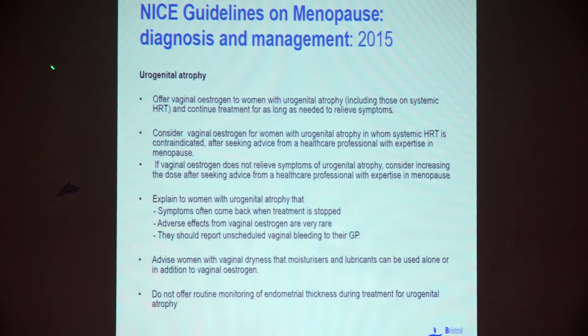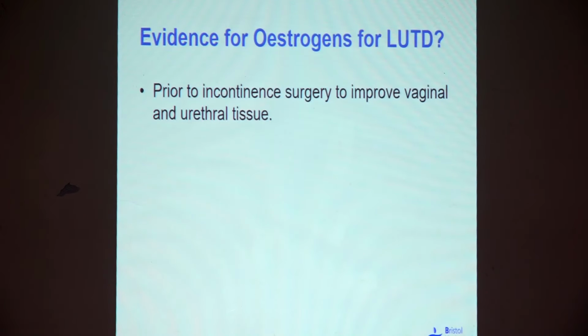And of course, there's good level 1 evidence that if the woman has vaginal atrophy and dryness in the vaginal area, discomfort, problem with sexual activity because she's sore, then vaginal estrogens are extremely good for that. So I think urologists certainly should be asking about these issues, including asking about sexual function, if you see that a woman looks obviously atrophic. What other thing?